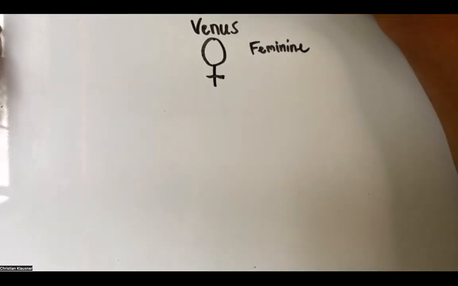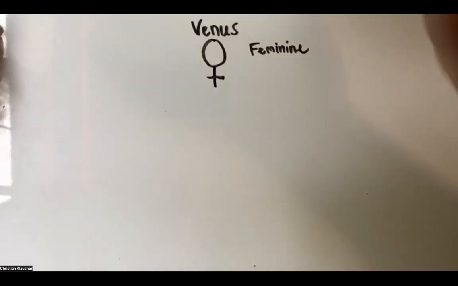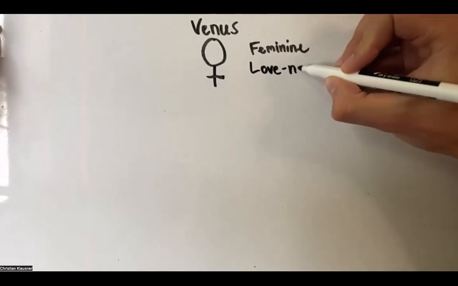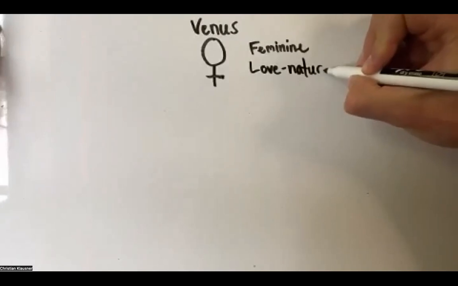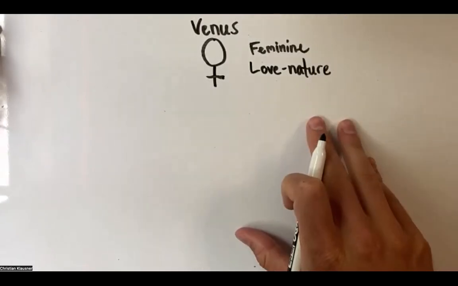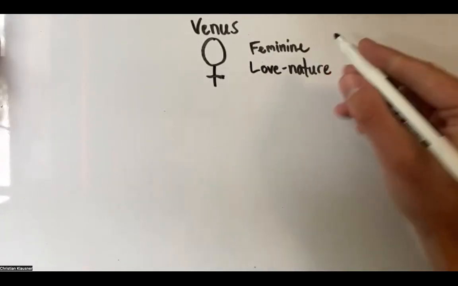So Venus is your love nature in a personal sense. It shows what you desire or what you love in your interactions with others. It's a very social planet.